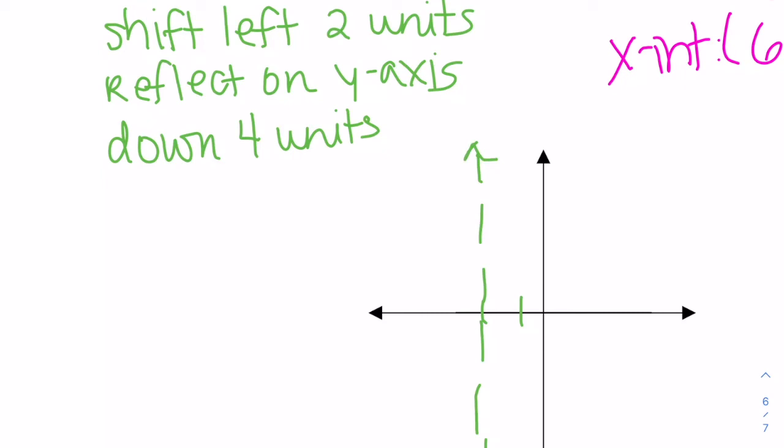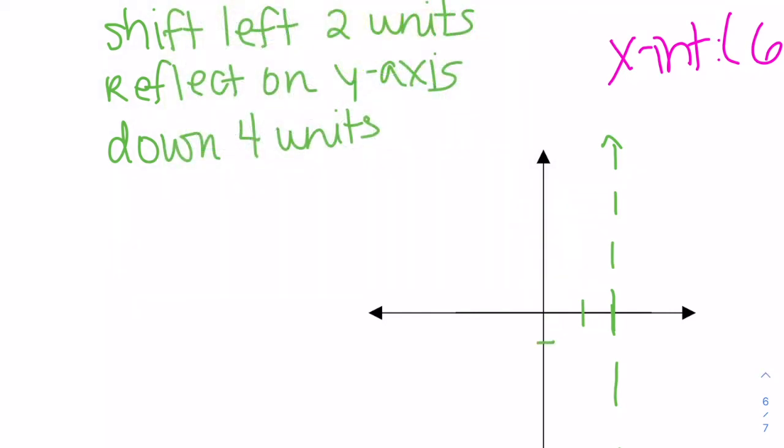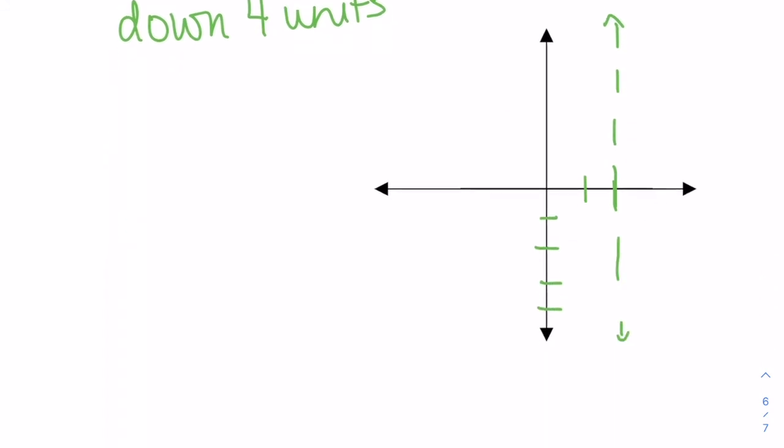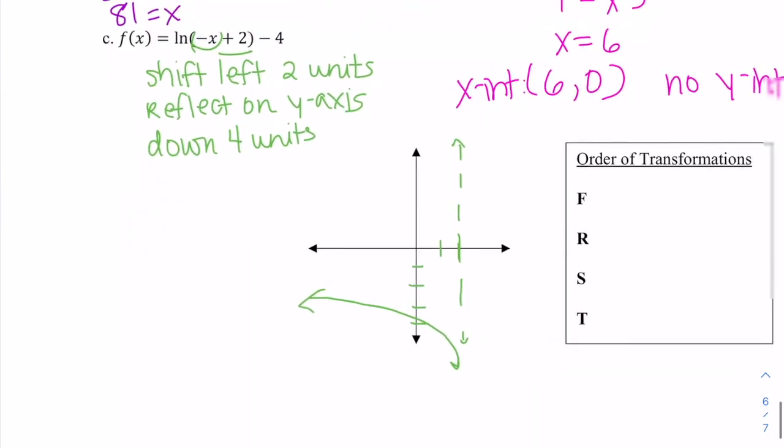And then when we reflect it, it's now going to be at positive 2. So we know that this graph is reflected and then it's going down. If it goes down 4 units, it's going to be very steep here, like that.